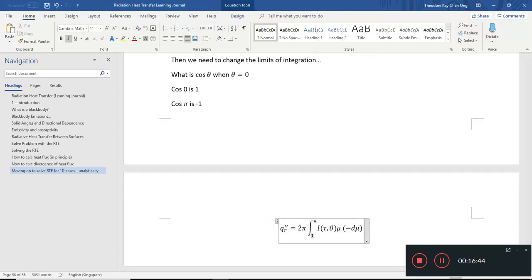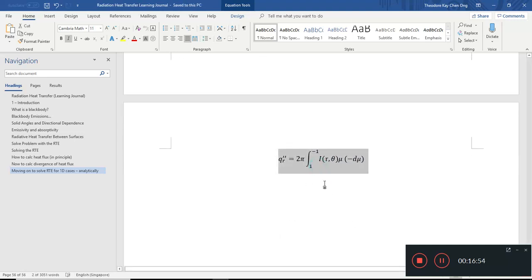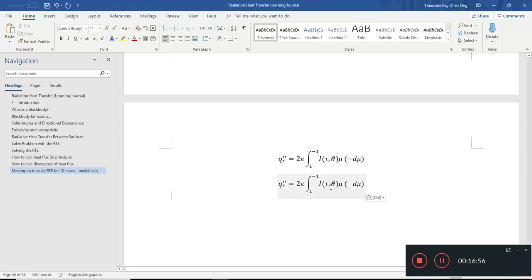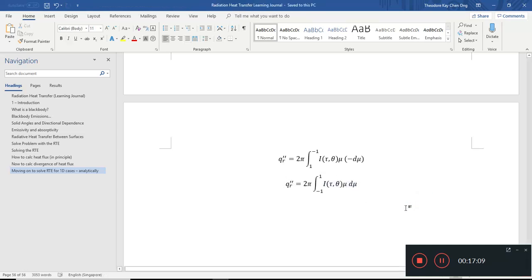So we should have mu equals 1 to mu equals minus 1 here in the integral. If we incorporate the minus sign into the integral, we will have from minus 1 to 1, and we get rid of the minus sign. And this is basically what we are getting.